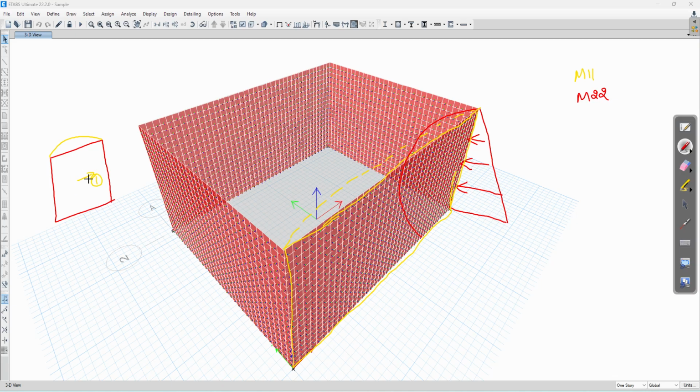Okay, so this is your M11 bending. Whereas M22 bending, this is local axis 2. M22 bending will take place like this. It is very difficult to visualize it here.